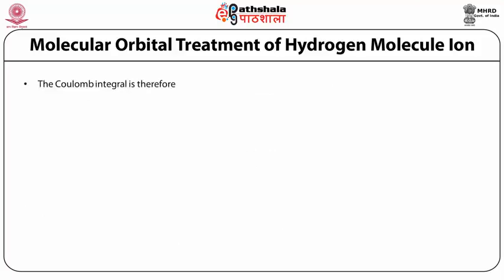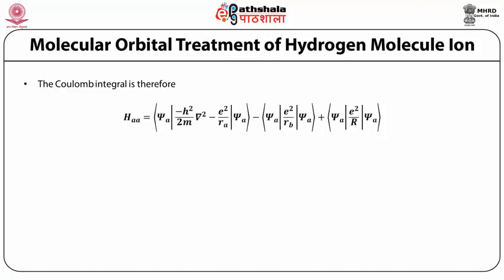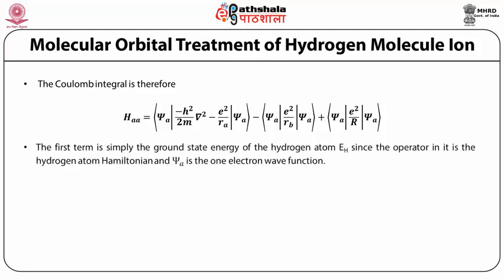The Coulomb integral HAA is equal to the integral of psi A, minus h square upon 2m del square minus e square upon RA, psi A, minus the integral of psi A e square upon RB psi A, plus the integral of psi A e square upon R psi A. The first term is simply the ground state energy of the hydrogen atom EH, since the operator in it is the hydrogen atom Hamiltonian and psi A is the one electron wave function.